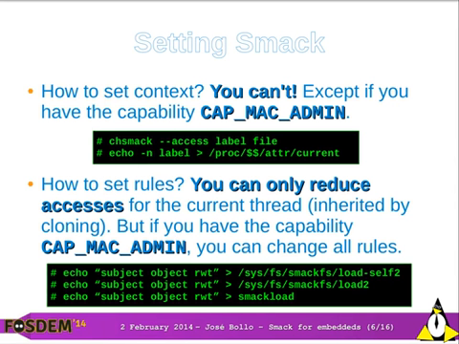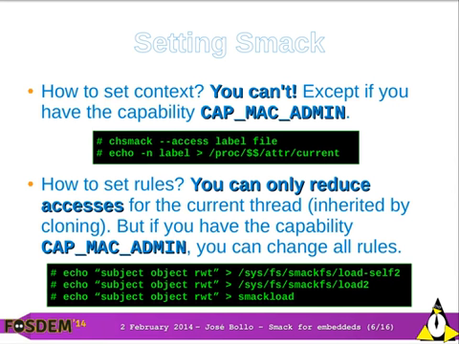How to set rules? Here the answer is a little more complex. When you're a standard process, you can only reduce your access. If you have access to some resources, then the current rules tell you can do that with this object.